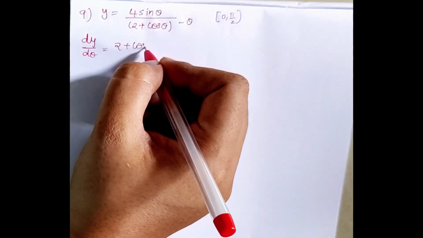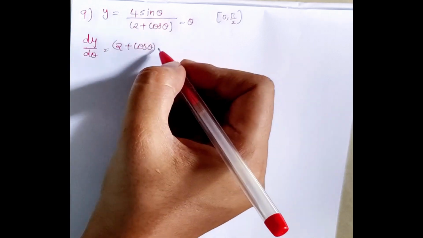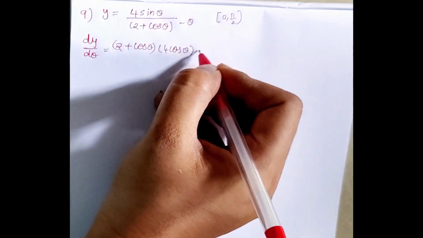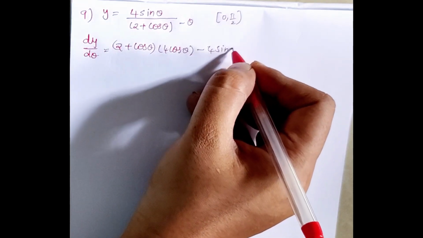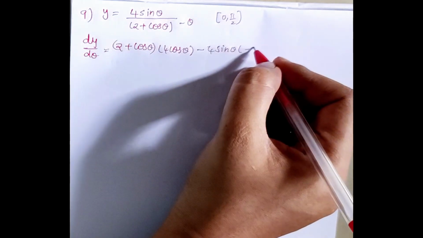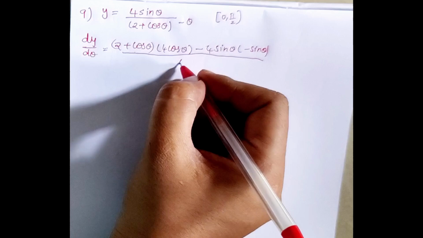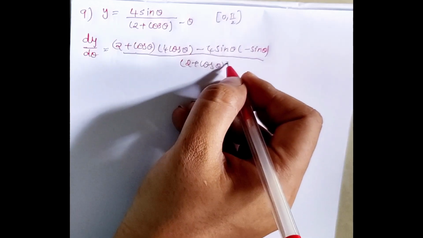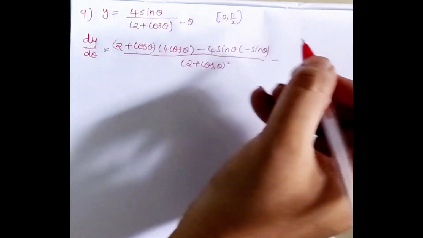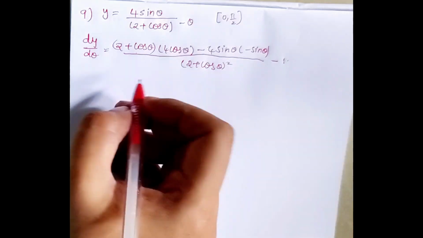So 2 plus cos theta into the derivative of the numerator, which is 4 cos theta, minus 4 sin theta into the derivative of the denominator, which is minus sin theta, the whole by 2 plus cos theta the whole square, minus, here it is 1. We'll take the LCM.